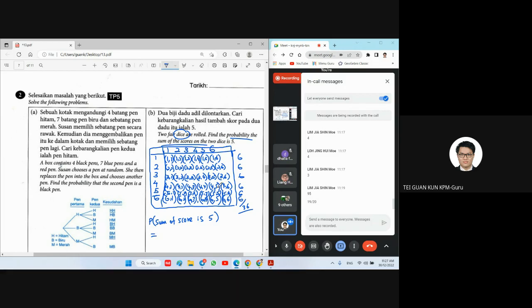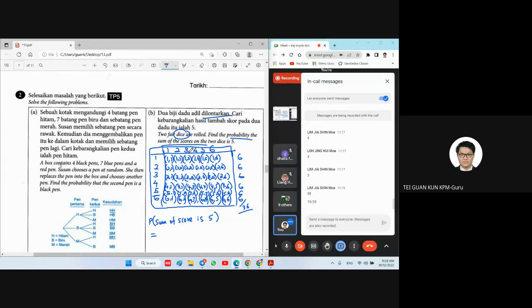Untuk eksperimen ni, kita lontarkan dadu. Dadu ni ada nombor 1 hingga 6. Bukan 1, 2 dadu. So dia punya outcome ada 36 outcomes. You have to know how to create this table to find the outcome hasil daripada eksperimen ni.